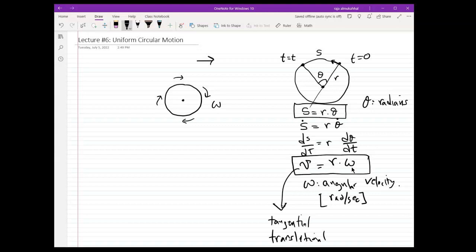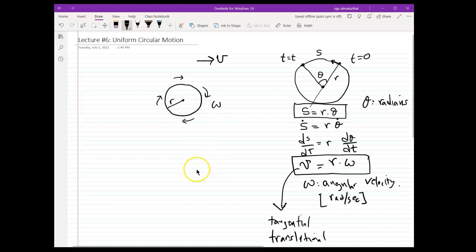And suppose that the radius of the wheel is r. As you know, the faster the wheel spins, the faster the car will move forward, v. You see what I'm saying? So there is a relationship between the forward motion of the car and the rotational motion of the wheel. Similarly, say for a bicycle.